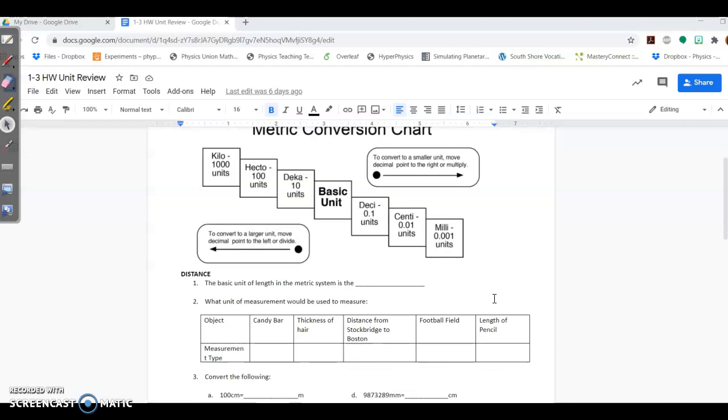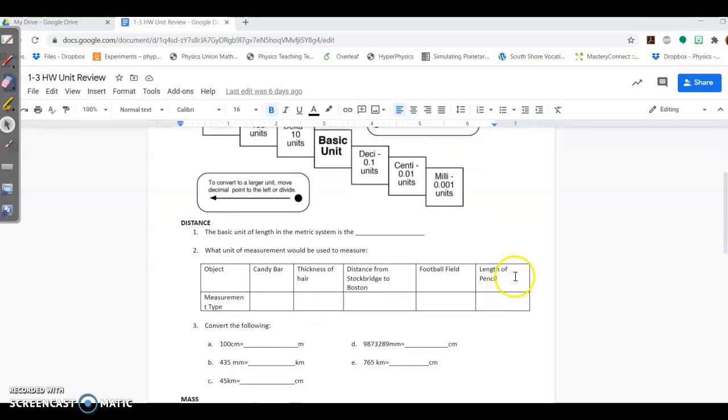All right, so distance. The basic unit of length in the metric system is meter. As you know, the basic units that we have are meters, liters, and grams. What unit of measurement would be used to measure, let's say, a candy bar?